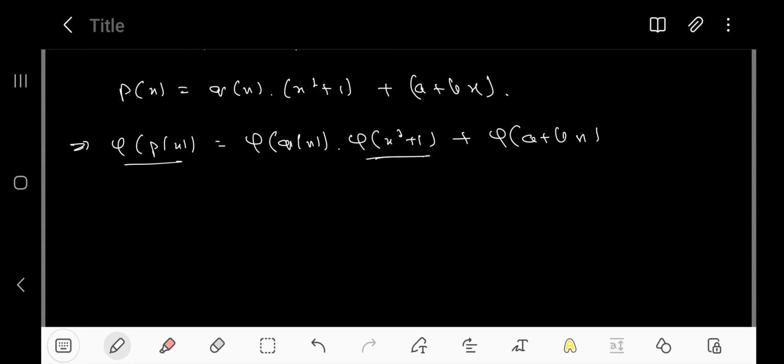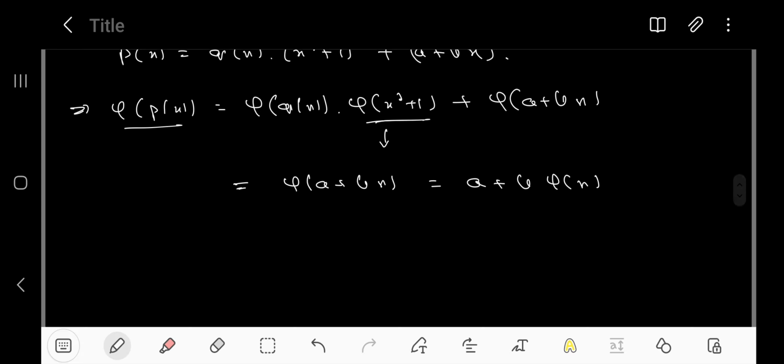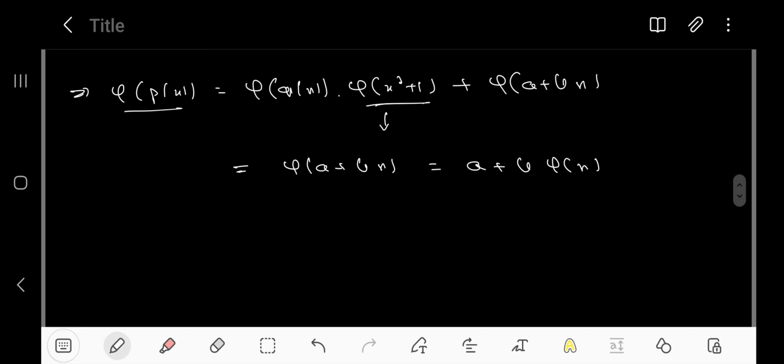Now phi of x squared plus 1 is 0, right? If you have an idea of what a quotient field is, then this is pretty much clear. Phi of x squared plus 1 is 0, because this is of the form x squared plus 1 plus the ideal generated by x squared plus 1. So this whole term becomes 0. We are left with just phi of a plus bx, and this is nothing but a plus b times phi of x, because a and b are basically scalars here. Clear? And what is phi of x? We have taken it to be I, so this is a plus bi.